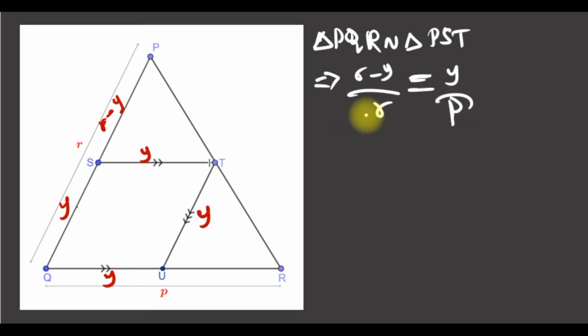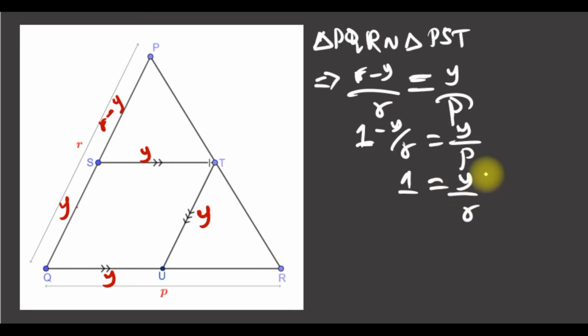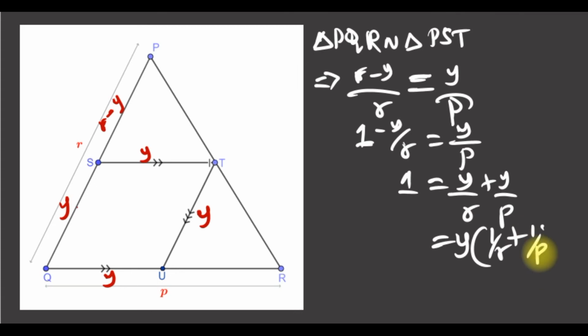So let's solve for y. The same way, this is 1 minus y over r, while this is y over p. This crosses over to be plus, so y over r plus y over p. If we factor y, we have y times 1 over r plus 1 over p, which is y, where the LCM is rp, so p plus r over rp.